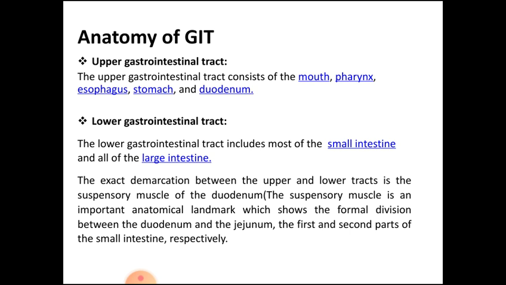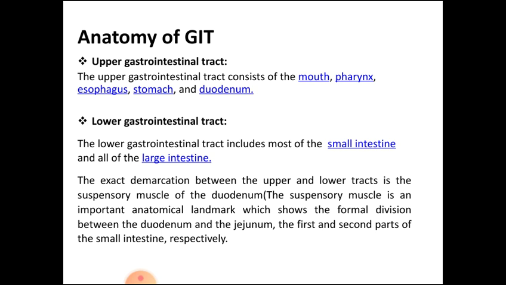The exact discrimination between the upper and lower tract is the suspensory muscle of the duodenum. So the duodenum is what differentiates the upper and lower GIT, due to this muscle, known as the suspensory muscle.